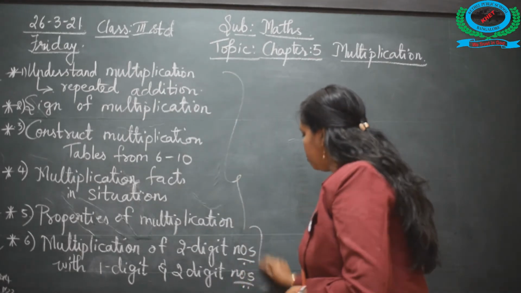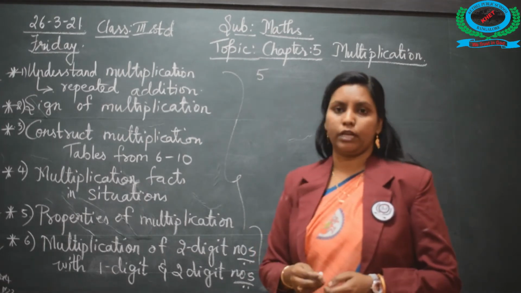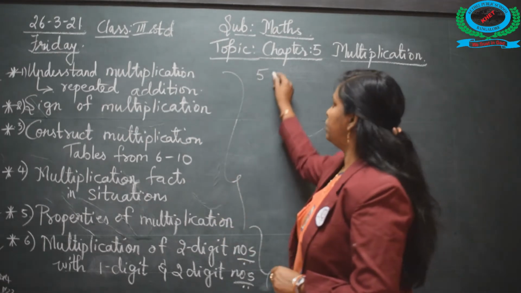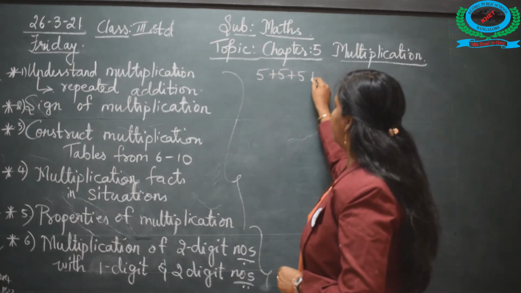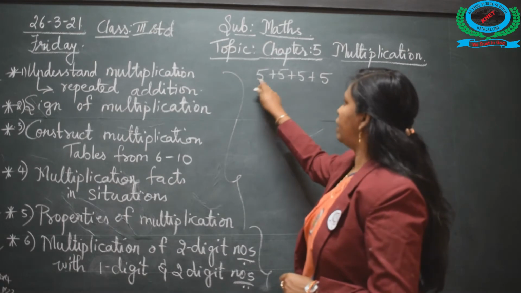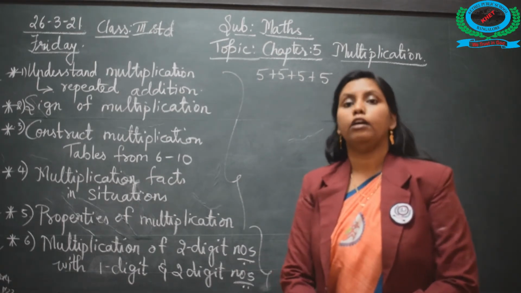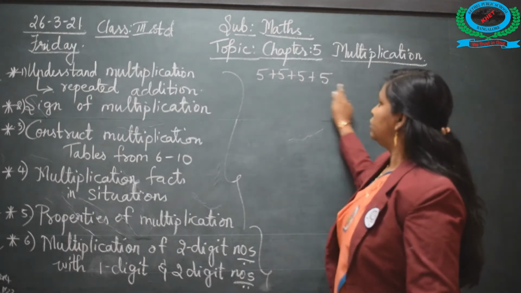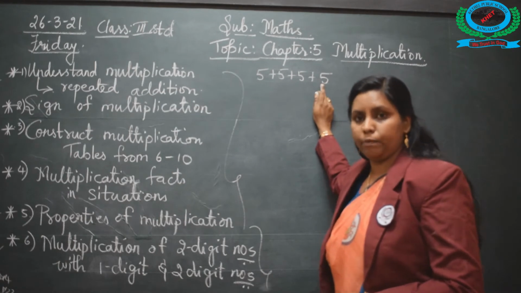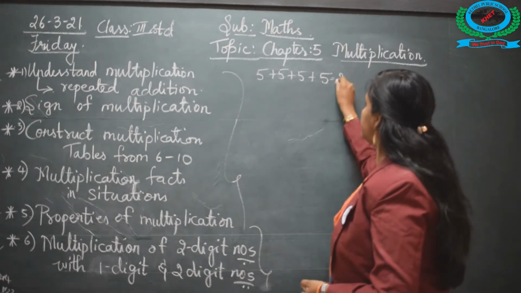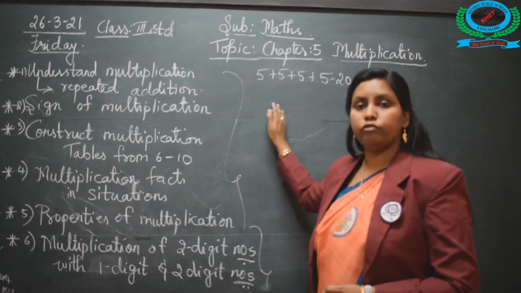So for example, if I take 5, okay, 5 is a number, so if I add another 5, another 5, so it is 5 plus 5 plus 5 plus 5. So when we add that, we will get 5, 10, 15 and 20. Okay, we will get 20. So this is a repeated addition of 5.